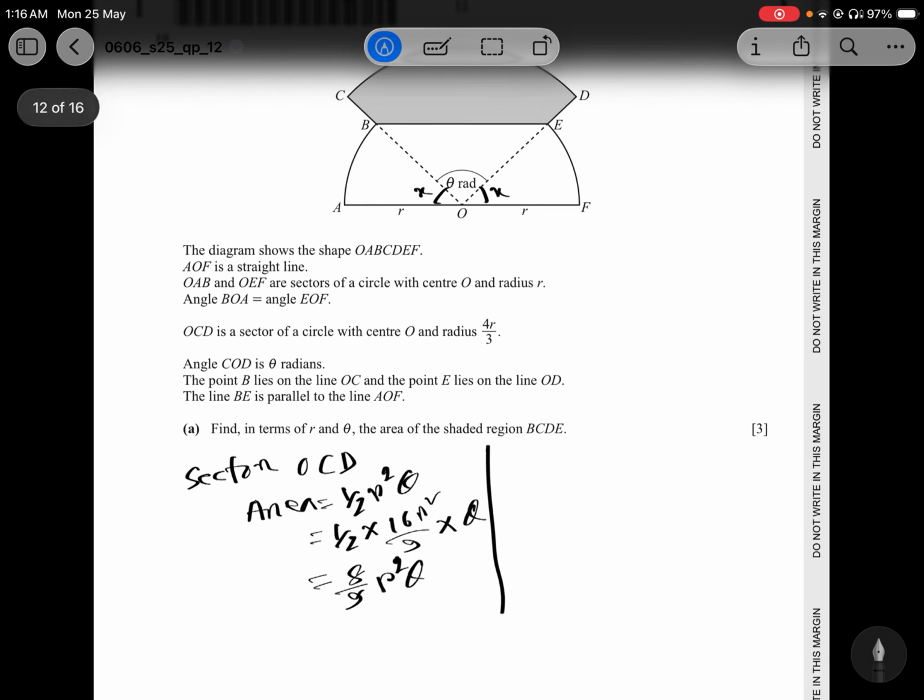Now I need to find out the value of x. 2x plus theta is pi, so our x should be pi minus theta over 2.